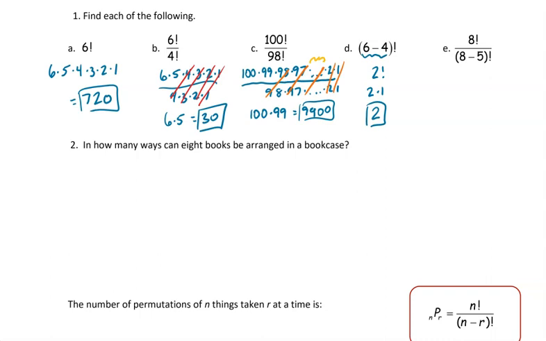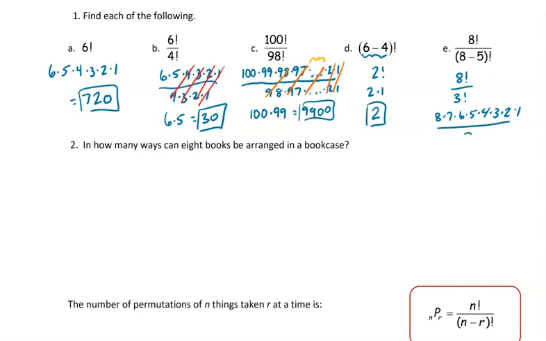For part E, we're going to do something similar. We're just going to do the parentheses first, and then we'll divide it like we did B and C. So we're going to have 8 factorial over 8 minus 5 is 3. So on top, that's 8 times 7 times 6 times 5 times 4 times 3 times 2 times 1.